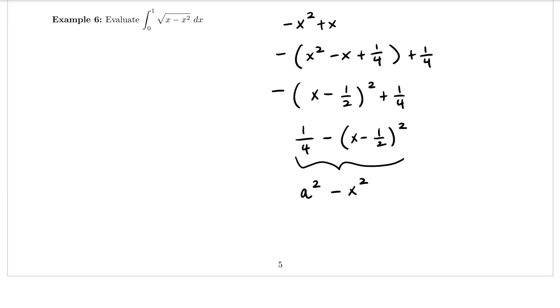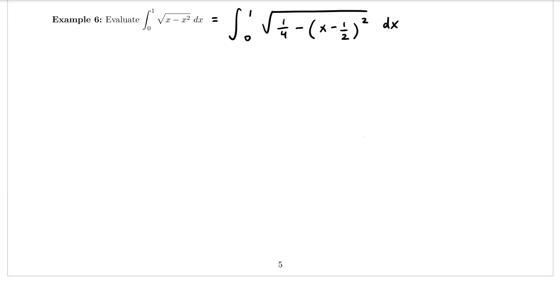So we're going to utilize that as we figure out what trig substitution we need to do. Looking at our trig sub table, when we have a squared minus a variable squared, we're going to let x minus 1/2, because that's what's right here, equal our a value, which in this case is 1/2, because 1/2 squared is what gives us 1/4.